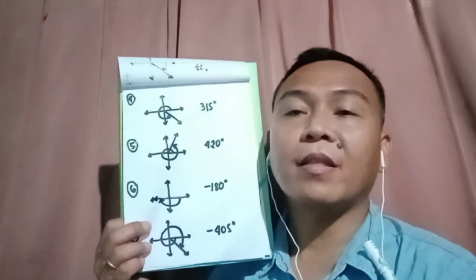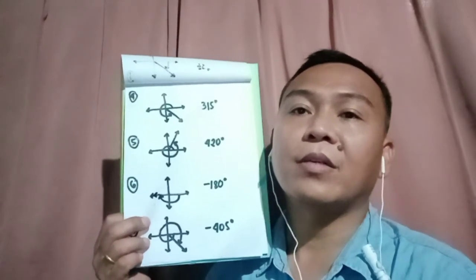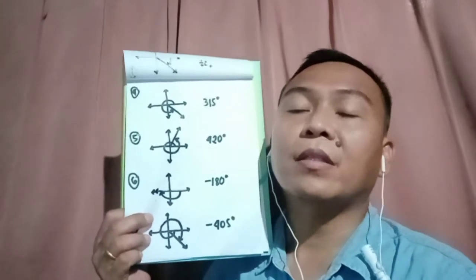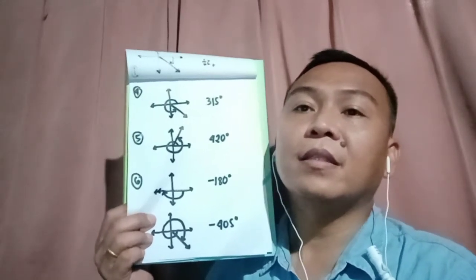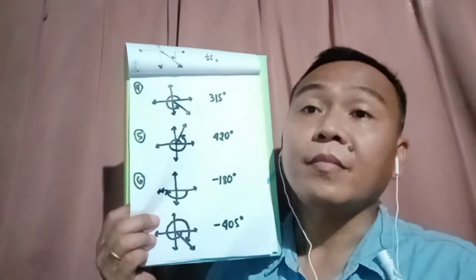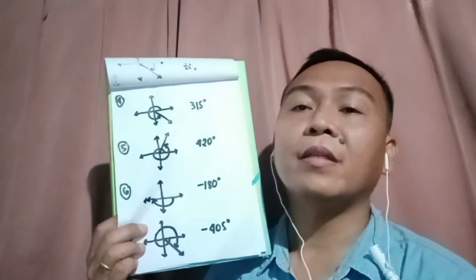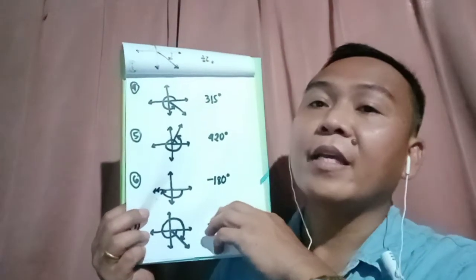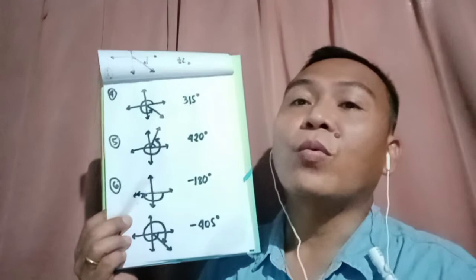Because aside from the fact that these angles are in standard position, meaning their vertex lies at the origin of the Cartesian coordinate plane and their initial sides are at the x-axis, another condition that we have to consider for an angle to be a quadrantal angle is that its terminal side always lies at the x or y axis.